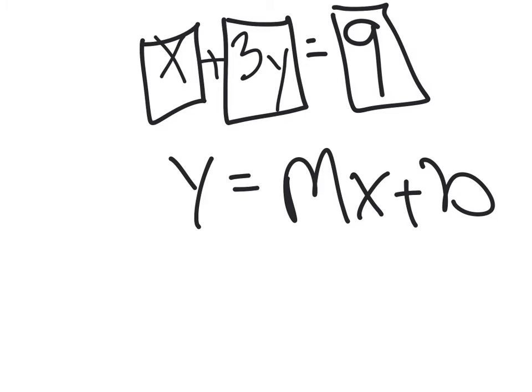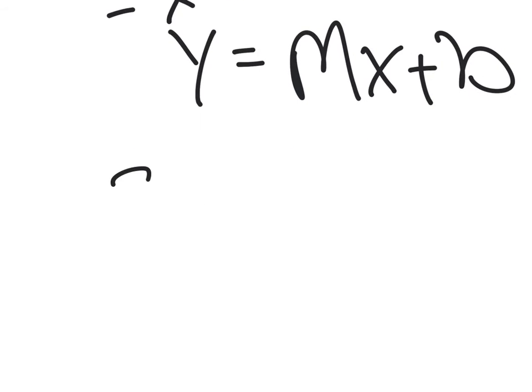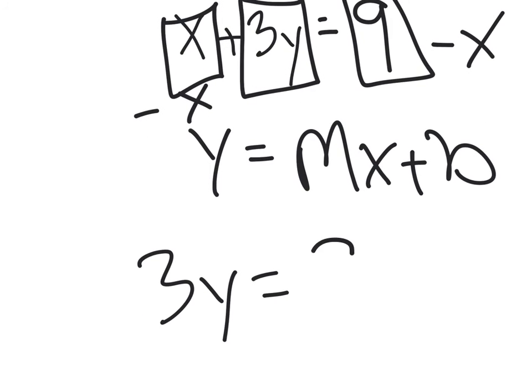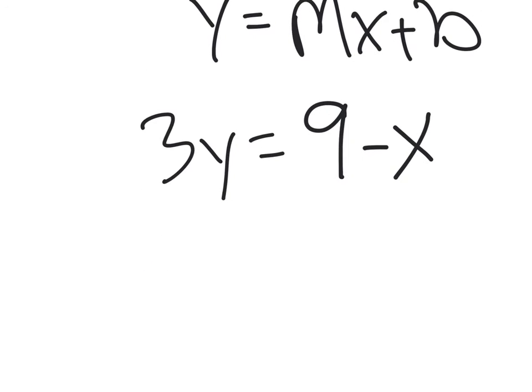So the first thing I'm going to do is get rid of my x and put it to the other side. We just got done doing this with solving for equations. So if you subtract something from one side, you subtract it from the other, and you're left with 3y equals 9 minus x. In this case, we still want y equals mx plus b.